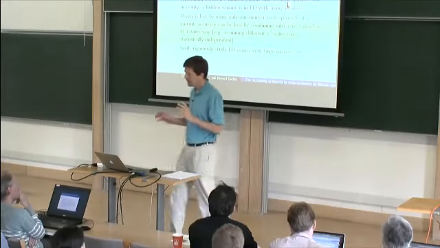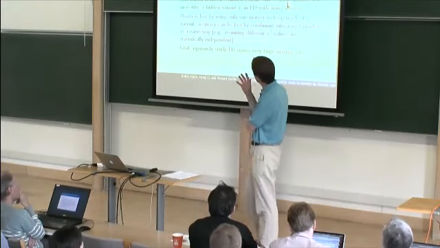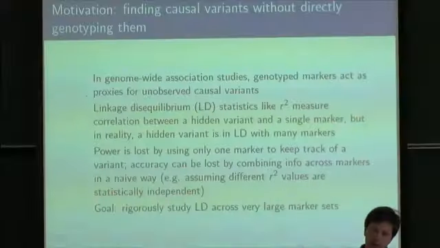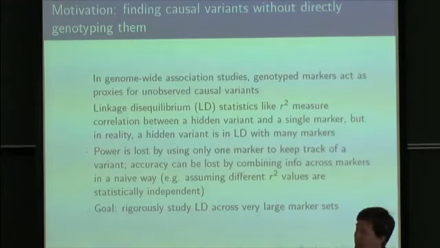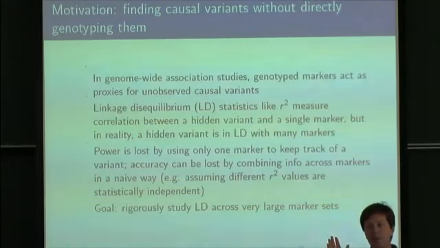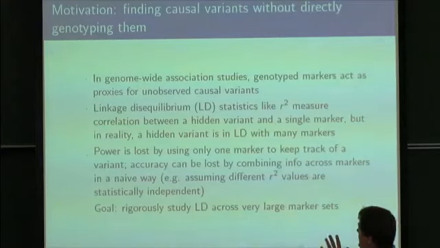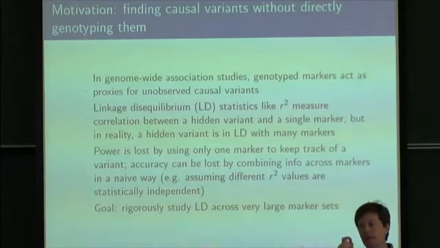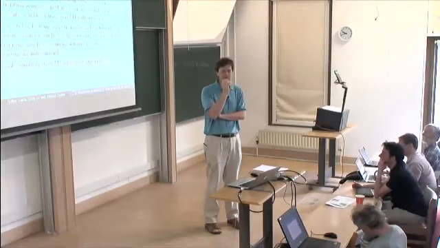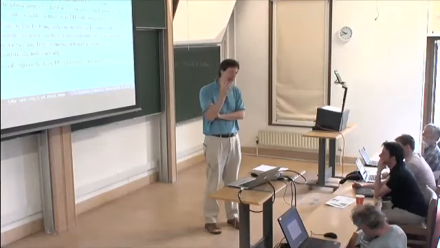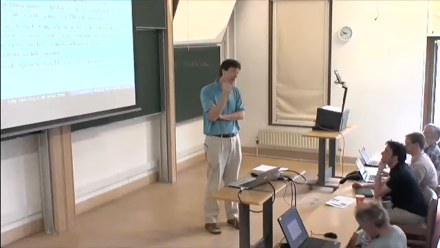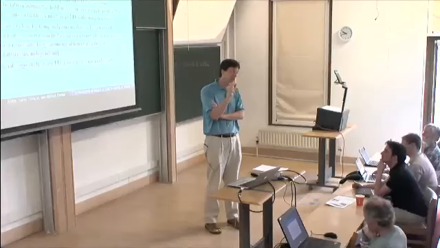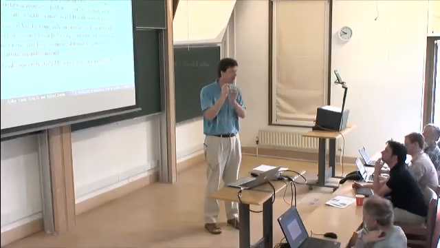Okay, so what's the motivation? Well, in genome-wide association studies, which have been an extremely powerful tool for human genetics in the last 5 years or so, you genotype only a subset of the markers that are variable, and they act as proxies for unobserved causal variants. It may be that one of the things you genotype is actually the causal variant, but often it's not. That works because there's linkage disequilibrium, so that variants locally are correlated.